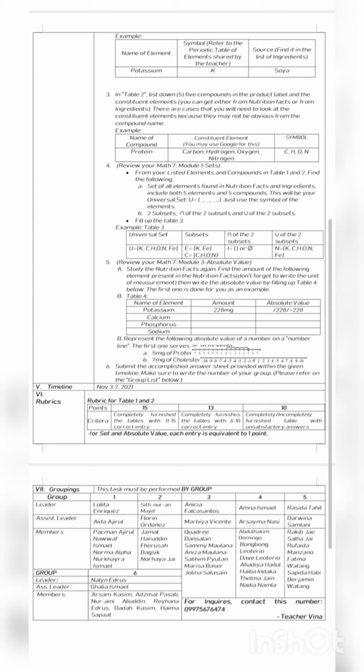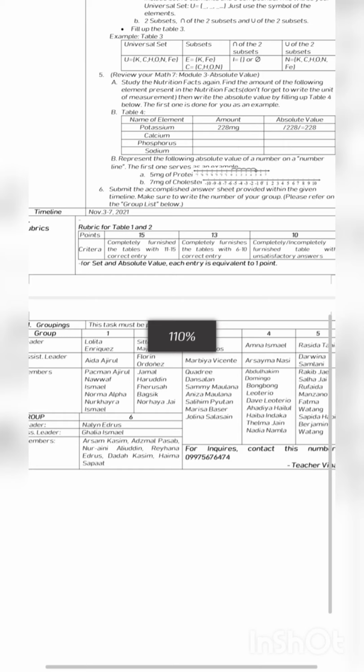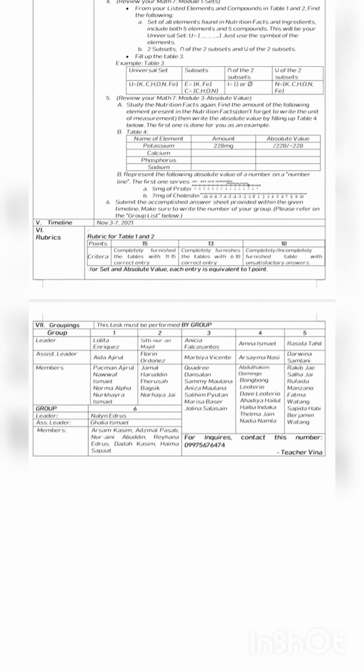This task must be performed by group. It is up to you how you will meet in your sitios. Each one of you will be given a copy of this performance task. So, of course, be a responsible member, and look for your other groupmates. Although all of you have a copy of the performance task, each group will submit only one answer sheet. Refer to the group list to see who your groupmates are.